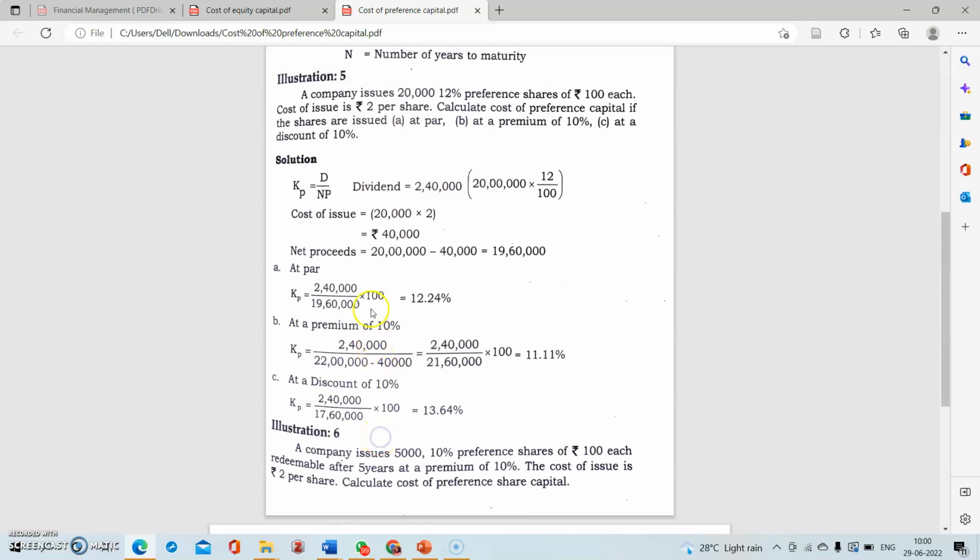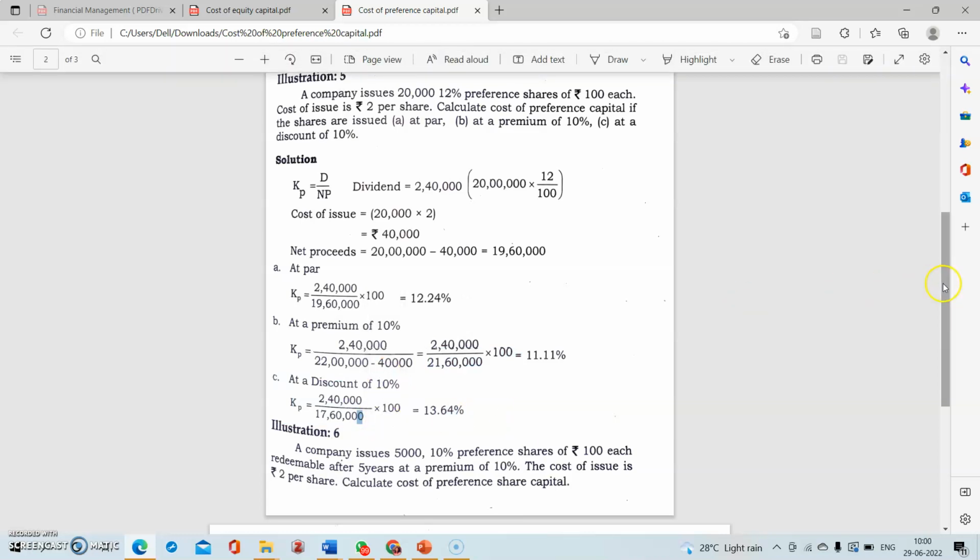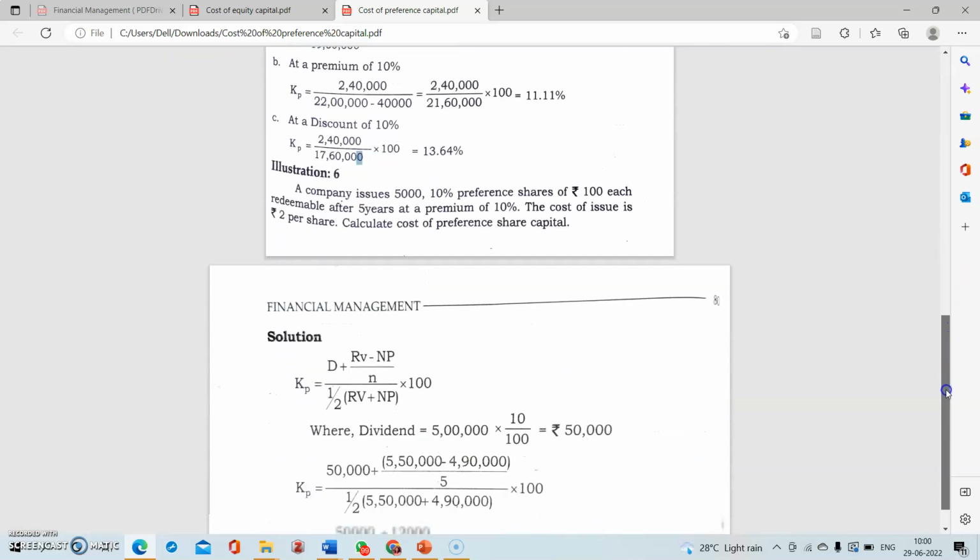See here the net proceeds changes. Even though it was at par, you will have to deduct the issue expenses. Here it was at premium, the amount is more, but still you will have to deduct the issue expenses. Here also you will have to deduct the discount and the issue expenses. So you will get the cost of preference shares.